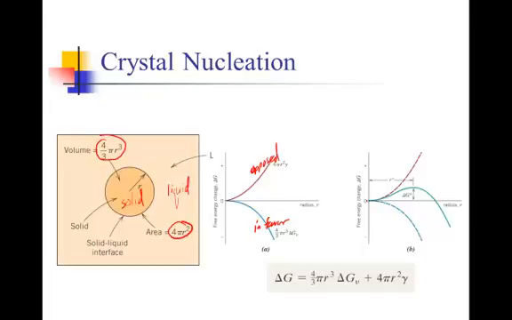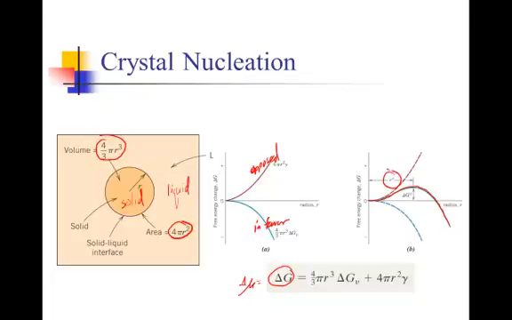So shown in green here, and I'm highlighting it in red, is the sum of those, the free energy or change in chemical potential that we get from that transformation occurring. And it turns out that we have an energy barrier which is associated with a critical radius r star.